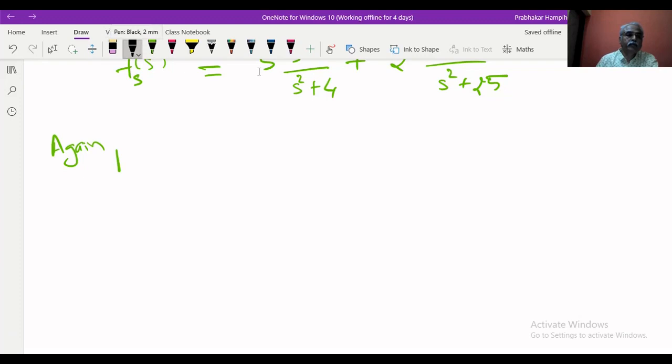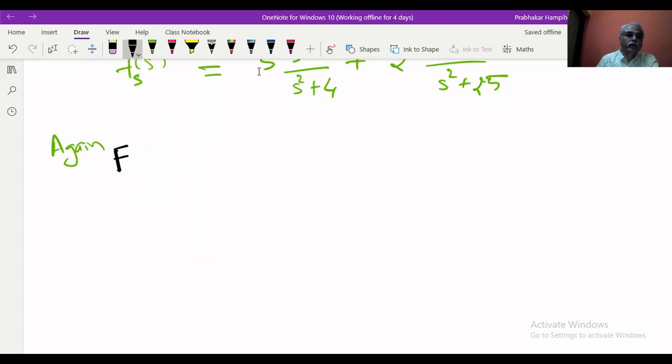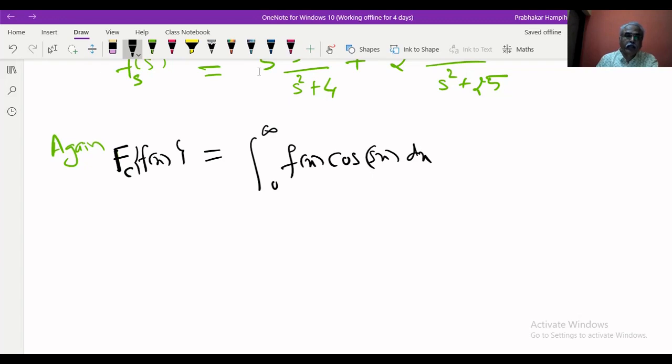Fourier cosine transform of the given function, the definition tells that this is nothing but 0 to infinity, the given function you multiply by cos function and integrate. So given function is nothing but 0 to infinity 2 times e raised to minus 5x plus 5 times e raised to minus 2x.